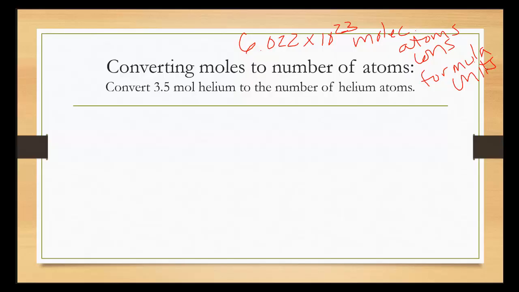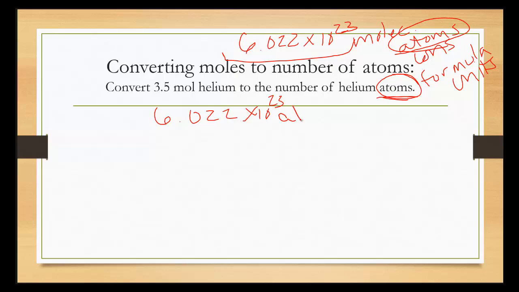So for instance, this one. Convert 3.5 moles of helium to the number of helium atoms. Note the word atoms. Atoms is right here. That means we're going to use this number. That means our conversion factor is going to be 6.022 times 10 to the 23rd atoms is equal to 1 mole. Alright, from here, we're going to put the number we're trying to convert over 1.